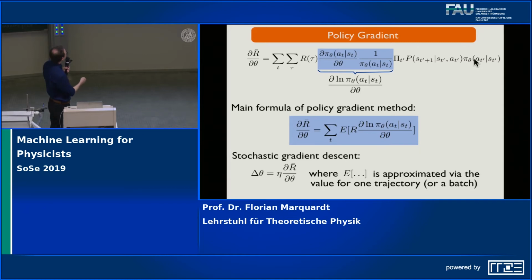Now you should protest and say, well, in this product you still take the old product over all times, and there's the policy probability for all the times. Shouldn't we have taken the derivative of one of those, namely at time t? And the answer is yes, of course, you should have taken the derivative of one of those. So this would be wrong if I didn't compensate for it. So what I do here is a little trick.